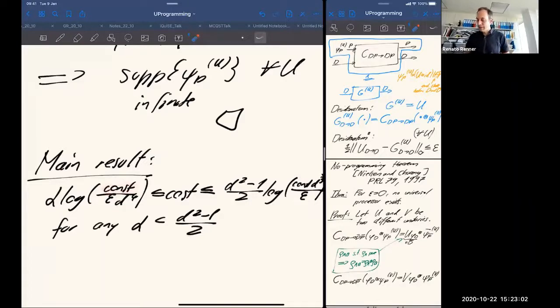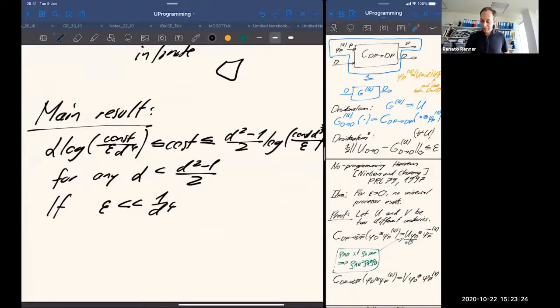On the right-hand side, you have (d squared minus 1)/2. So roughly speaking, and in particular in the regime where epsilon is sufficiently small, so much smaller than 1 over d to the 4, I'm writing that because then in this term, the 1 over epsilon dominates.